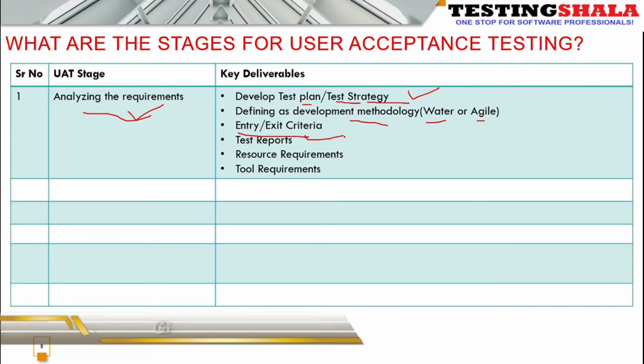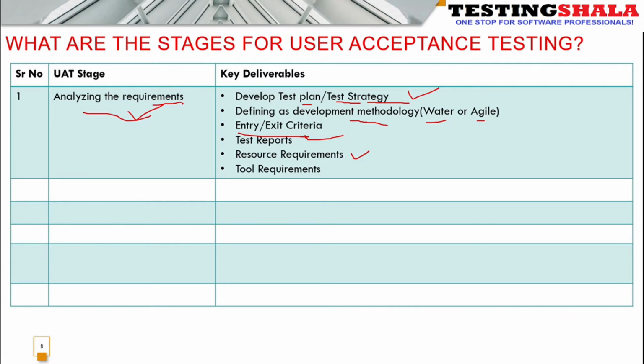In order to perform the testing for these business requirements, we define what types of resources are required, what skill sets are required, how many resources are needed, and how many hours of effort there will be. Everything is defined as part of test planning and test strategy.